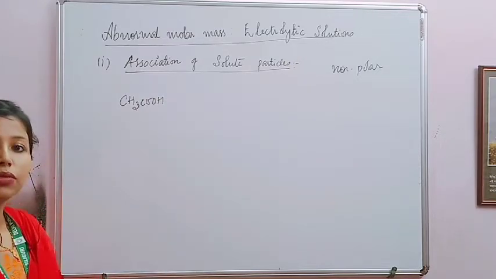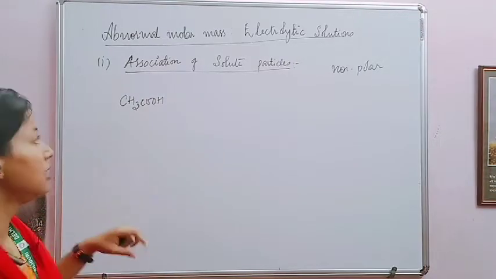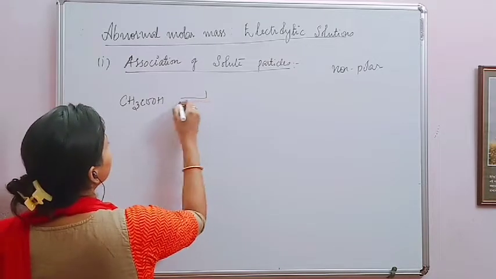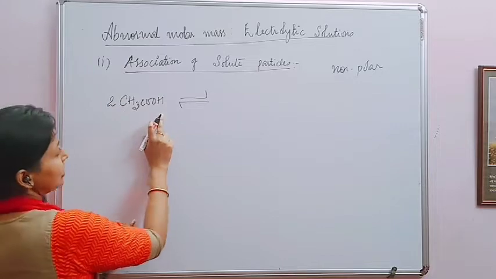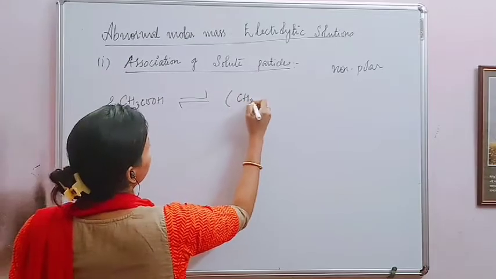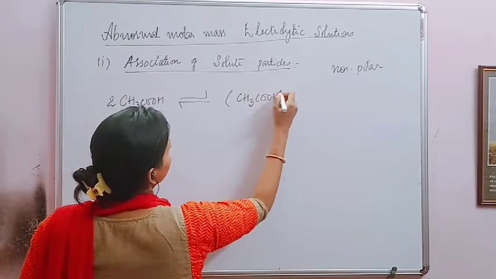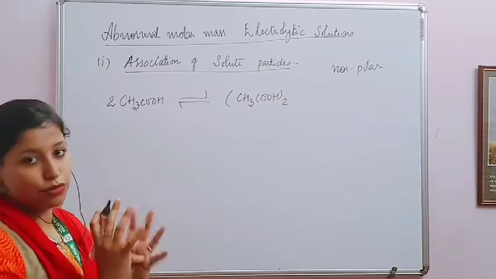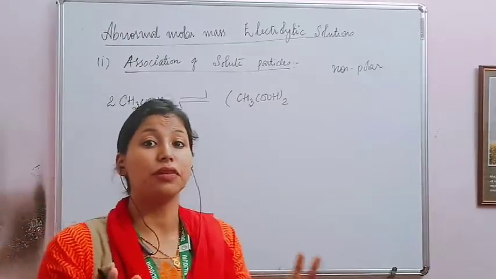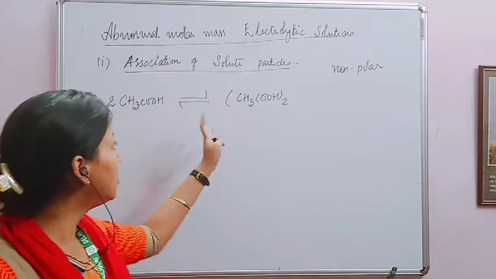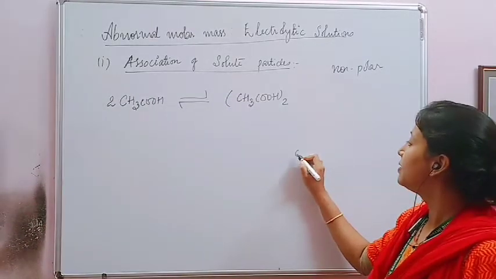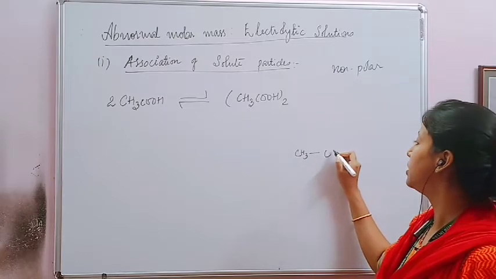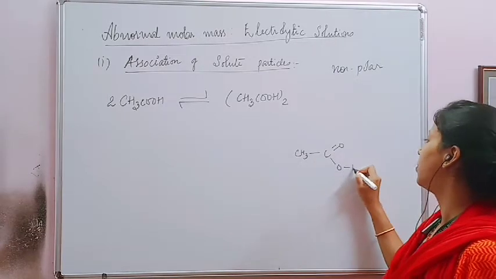Now what happens when you add acetic acid in benzene? It forms a dimer. That means two molecules of acetic acid combine together to form a single unit, or a single molecule. Now how does this happen in solution? This basically happens due to formation of hydrogen bonding.